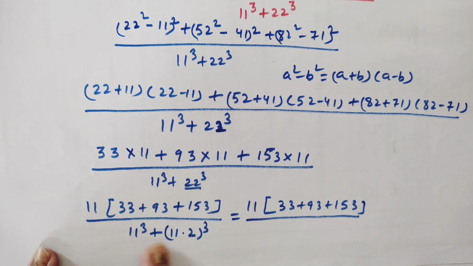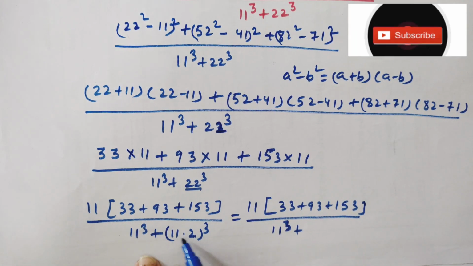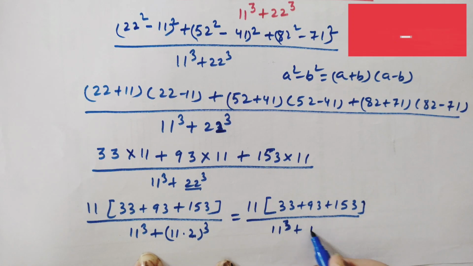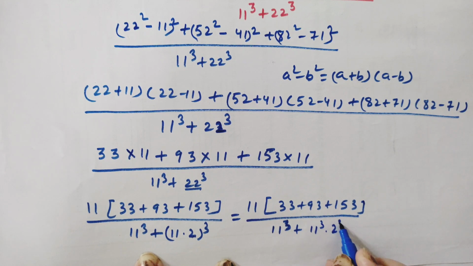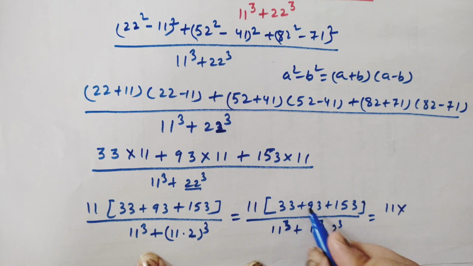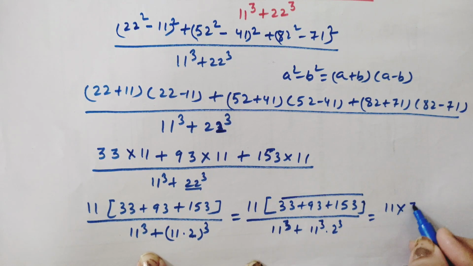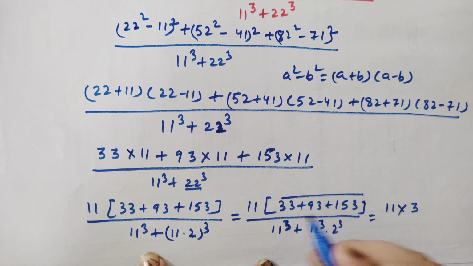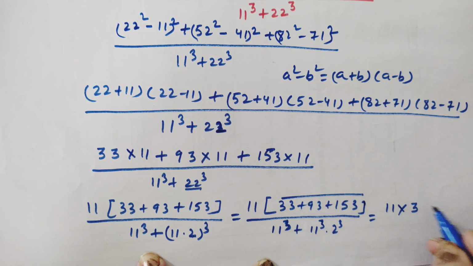You can see the 11 cube is as it is, and 11 into 2 is cubed, so we can write this cube separately for these two numbers. After that, in the numerator 3 is a common number. That's why we will not add these three terms, because you can easily see 3 is common.